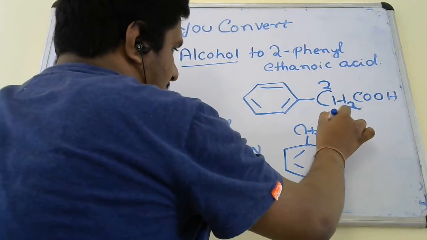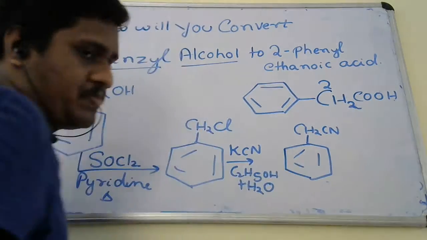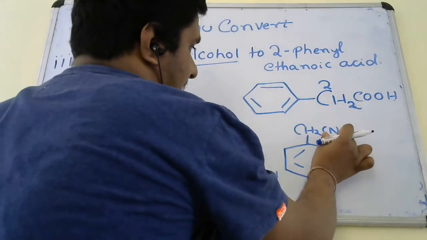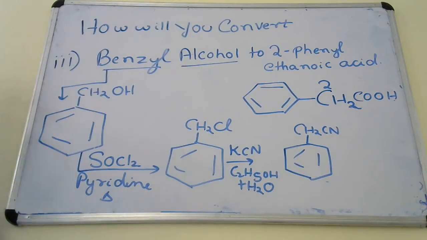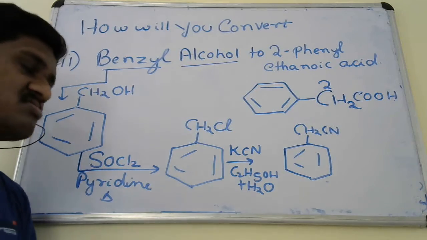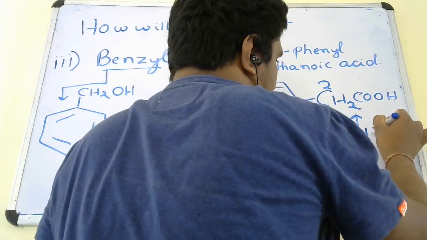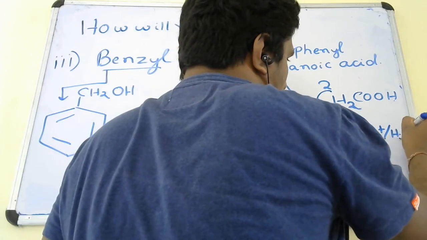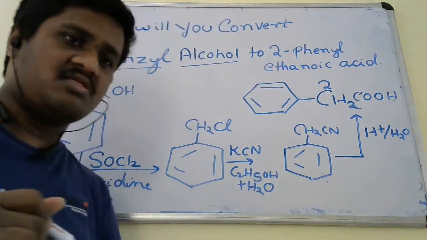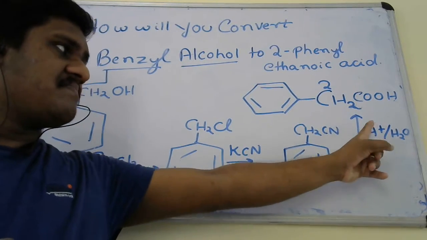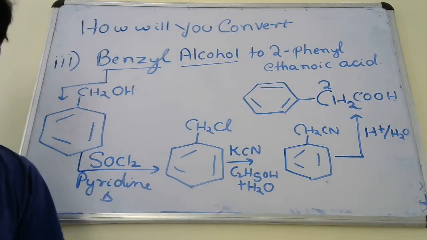Okay, we replaced it. Now there is a particular reaction where cyanide can be hydrolyzed into carboxylic acid. When you provide any cyanide with H+ and H2O, hydrolysis in presence of acid, that is called acid hydrolysis.